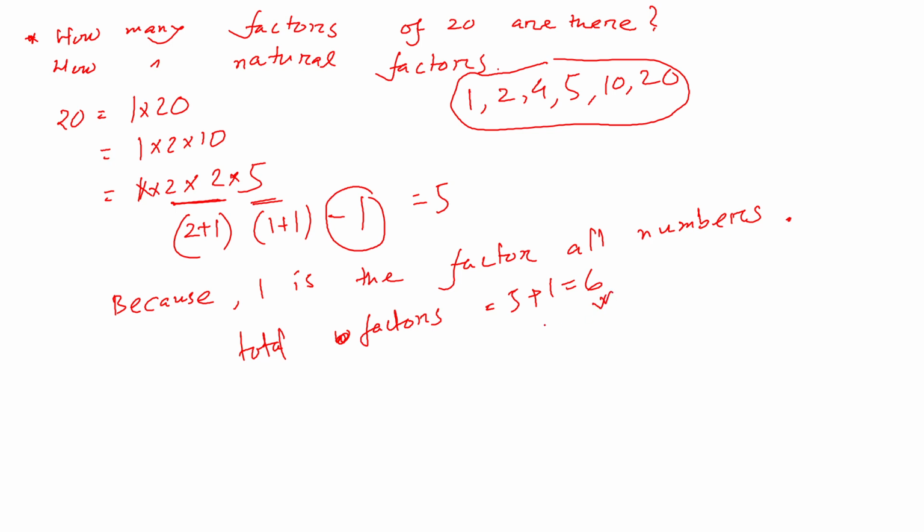And what are the total natural factors? It will be 5. Understand my point? Now you might ask, Bhaiya, why didn't you write 1 plus 1 for the 1? The answer is, say I can multiply 1 times 1 times 1 times 1 times 1.